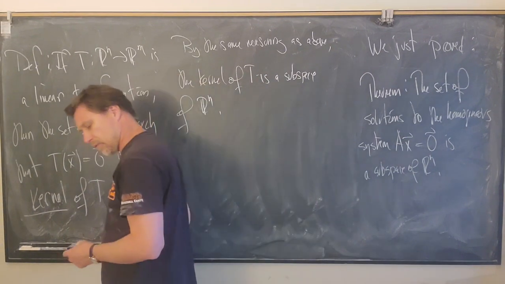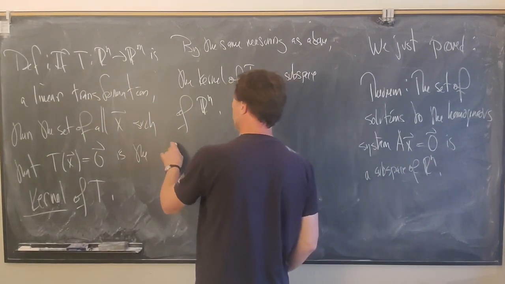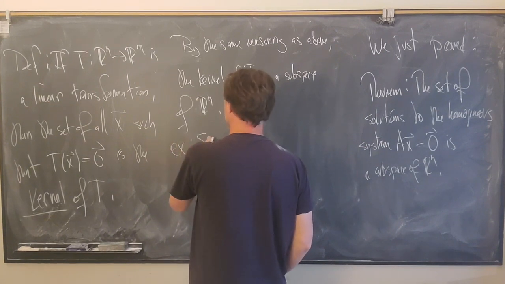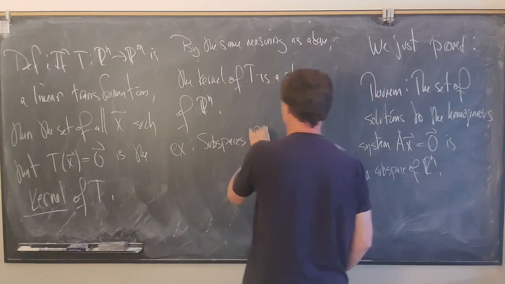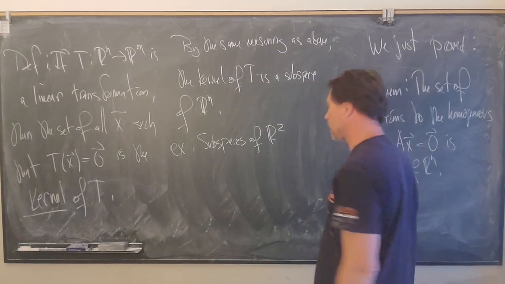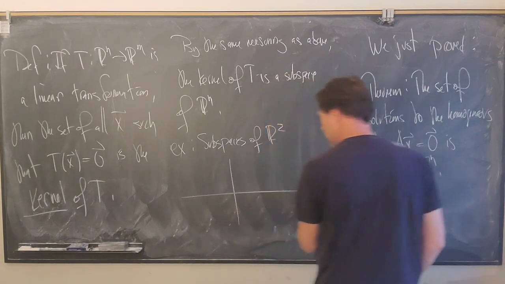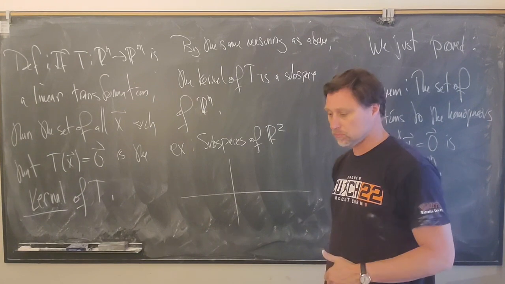And I want to finish off with a couple of final facts. Let's just write this as examples. So the subspaces of R2, who are they? How is it possible to be a subspace of R2? Well, first of all, R2 is a subspace of itself.